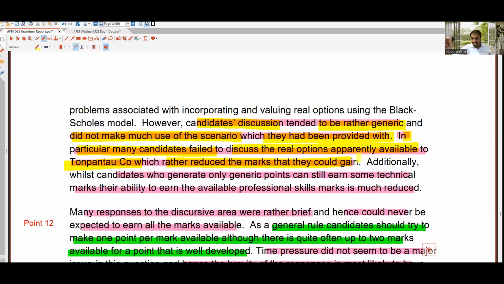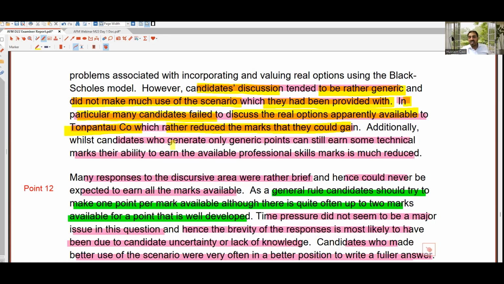Number one, understanding of the requirement. Number two, understanding of the question. Number three, understanding of the question text connected with the requirement. This is very important. If you are not able to connect the things with the case, you miss that point and are not able to qualify the exam.